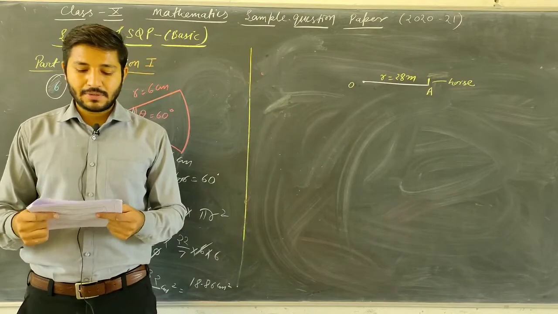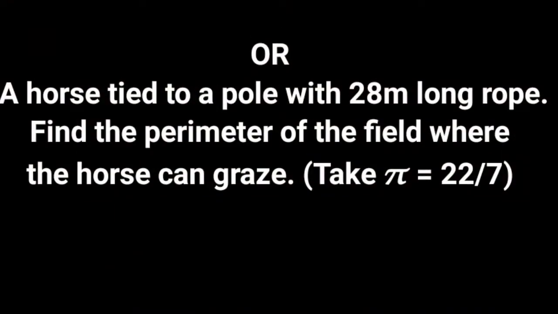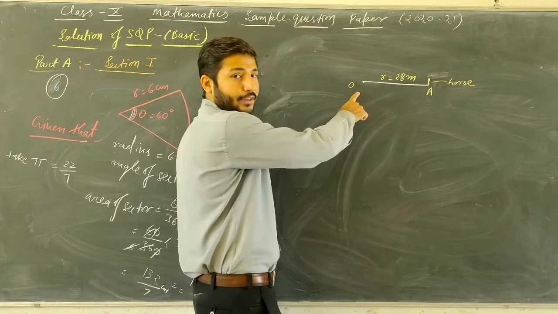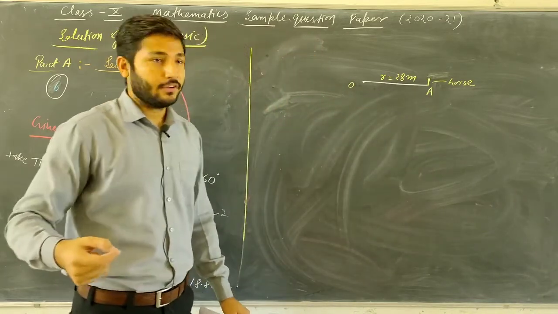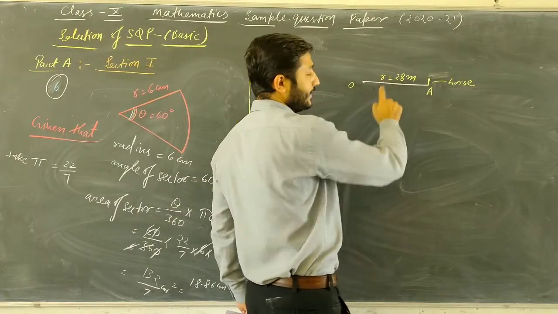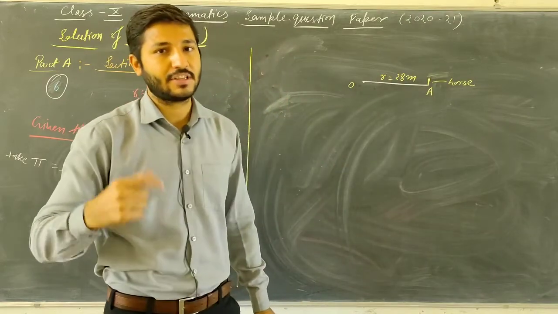Student, in question number 6, second part, what is given? A horse is tied to a pole with a 28 meter long rope. Find the perimeter of the field where the horse can graze. Look this side. From the pole at point O, OA is the length of the rope by which the horse is tied, so the radius is 28 meter, which is given to you.